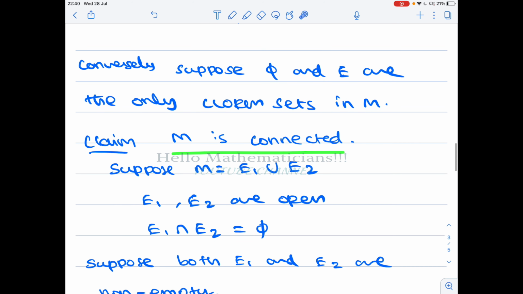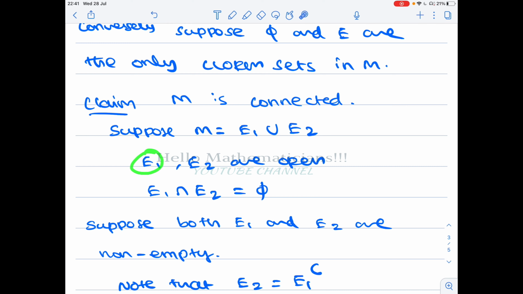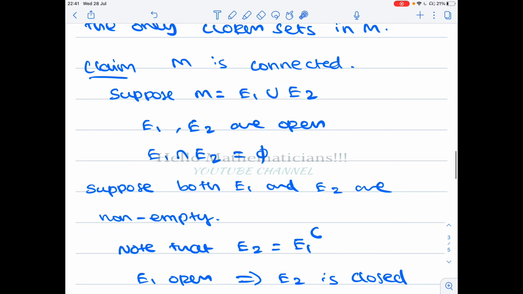To prove M is connected, we write M as a union of two disjoint open sets E1 and E2. We will prove that E1 or E2 is an empty set.